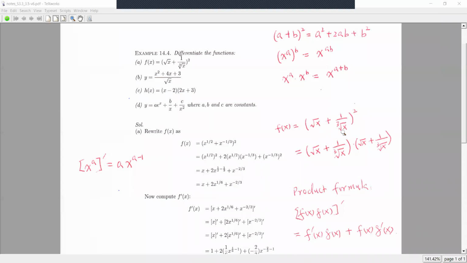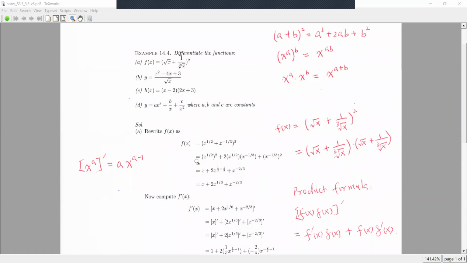Write these two terms in power. Square root of x is x to 1/2. 1 over the cubic root of x is x to -1/3. Now, expand the square here by this formula.